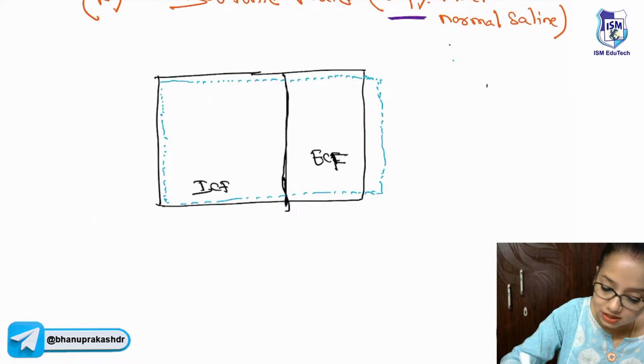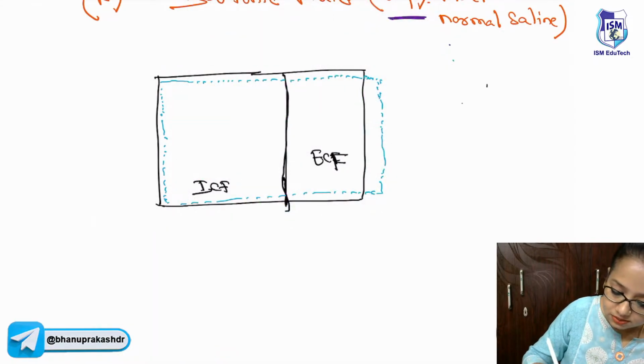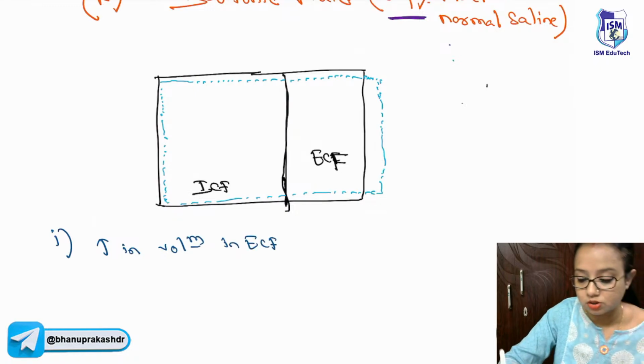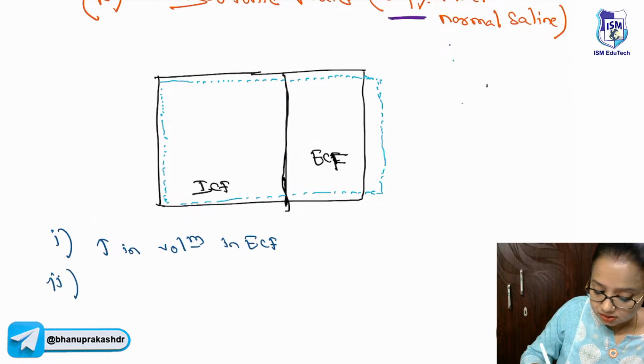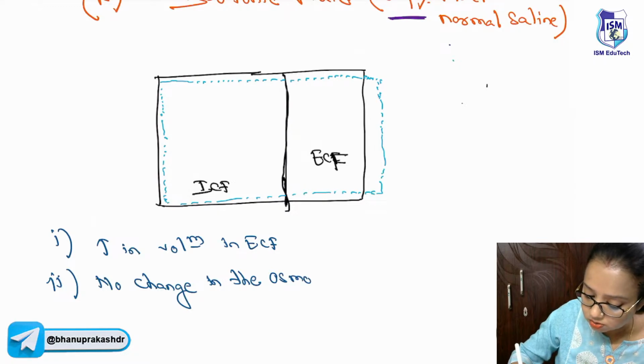So what are the characteristics that will happen? To write it out, first there will be an increase in the volume in ECF, which we are seeing through the dotted line. The volume of the ECF is increasing, but no change in the osmolarity.